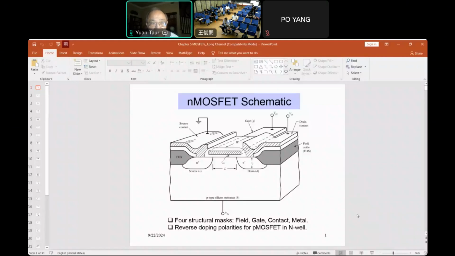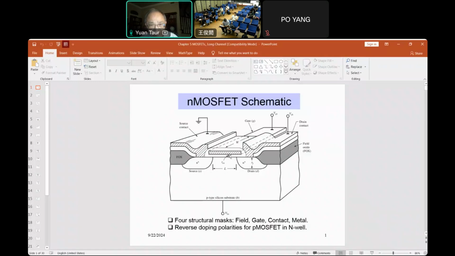So this is a schematic of an NMOS. This is on P-type silicon, and we have the source and drain, that's N plus regions. So we have a PN junction here, and between the two N plus regions, we have a gate which can control the potential between the source and drain.